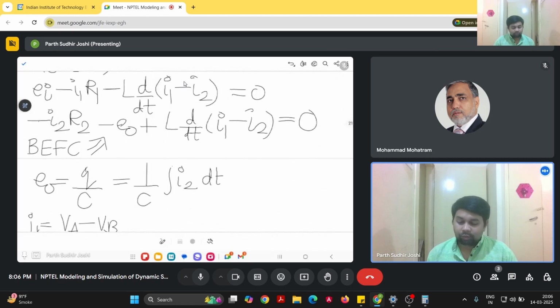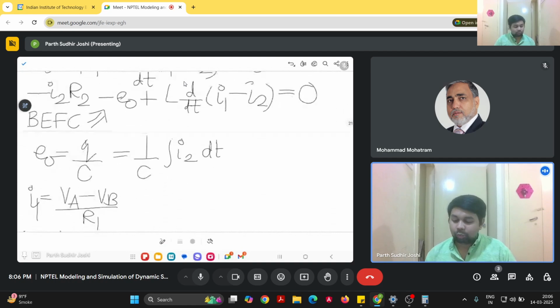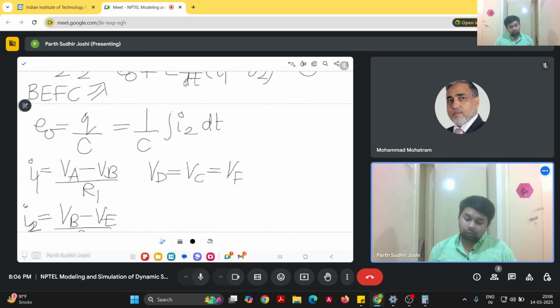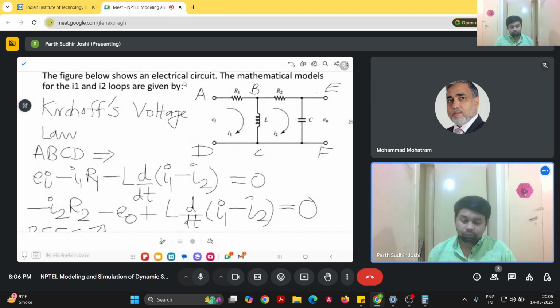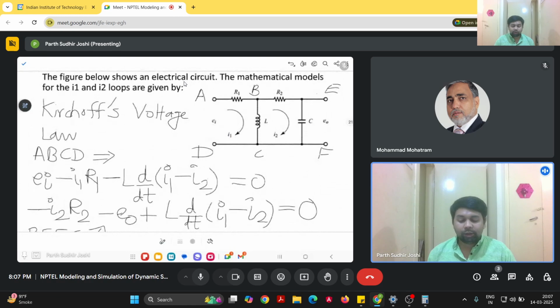And we know that the points C, D and F are equipotential, and that the potential drop is VB minus VC.